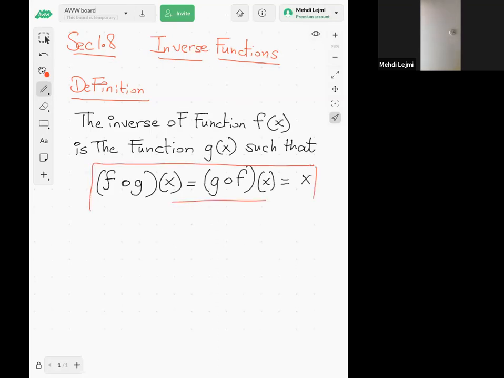So this function g is the inverse of the function f if f composed with g is equal to g composed with f is equal to x, just x by itself. All right.